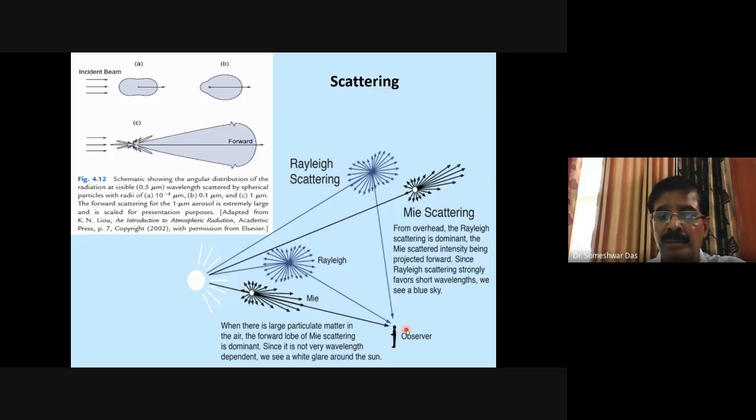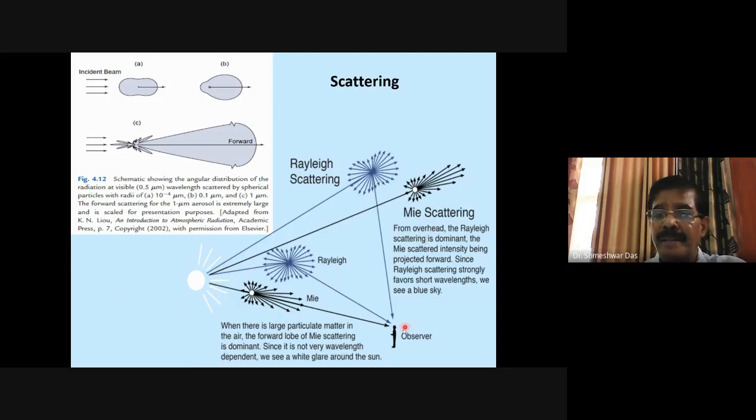How will things look to his eye because of the Mie scattering? When there is large particulate matter in the air, when particle sizes are larger, the forward lobe of the Mie scattering is dominant. Since it is not very wavelength dependent, we see a white glare around the sun.